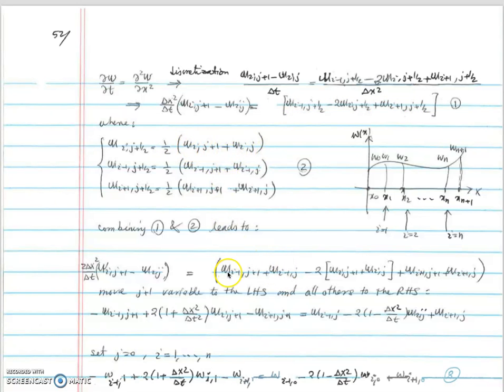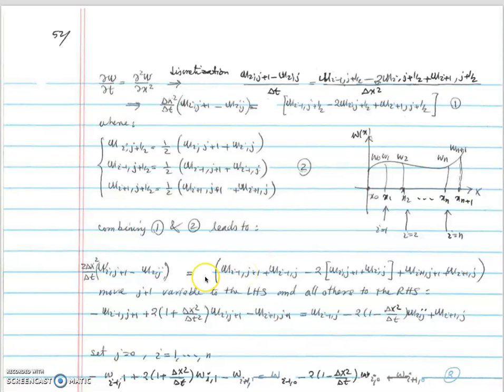So the first term is this plus that divided by 2. So there's a 2 that looks like it's missing here. And then w(i,j+1) plus w(i,j) divided by 2. Again, there's a 2 missing here. And then this divided by 2. So if I multiply the equation through by 2, then the 2 on the right side is going to go away, and you get an extra 2 up front on the left side. That's why I have a 2 here. All right? So this is after you combine equations 1 and 2.